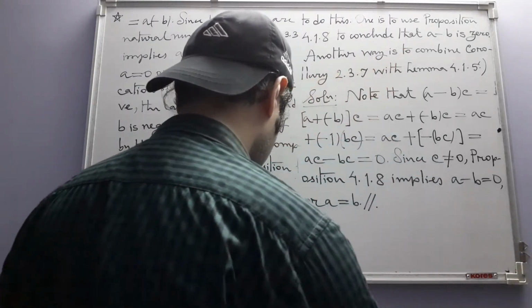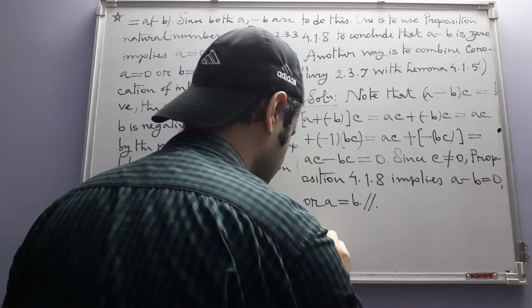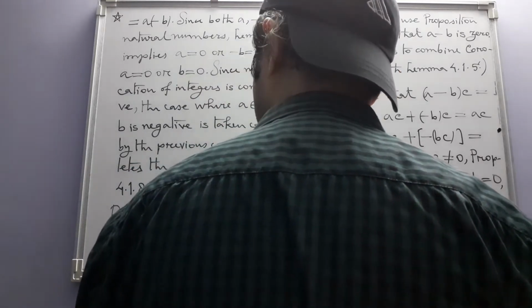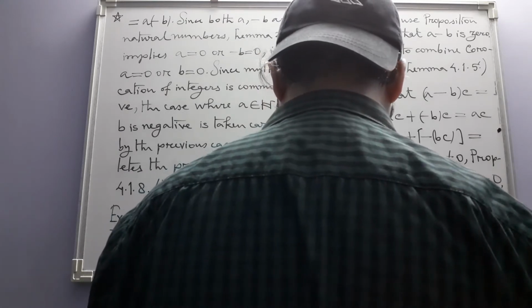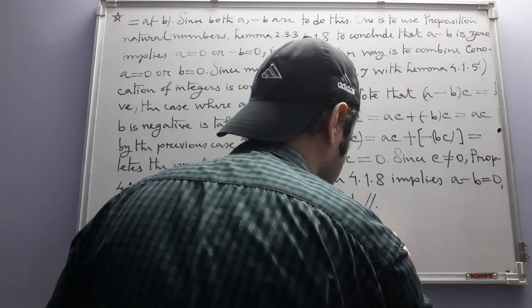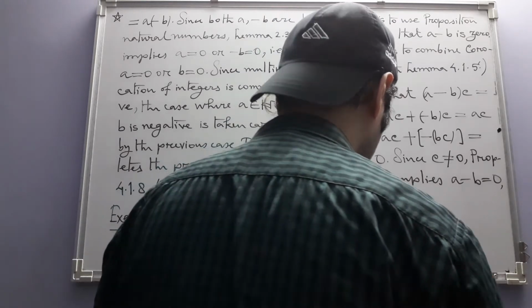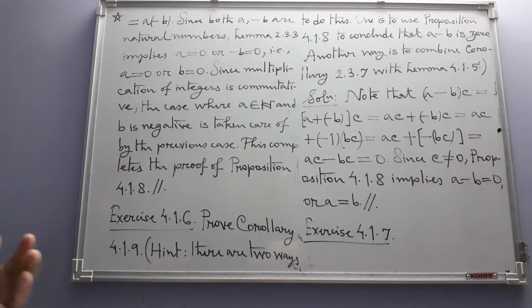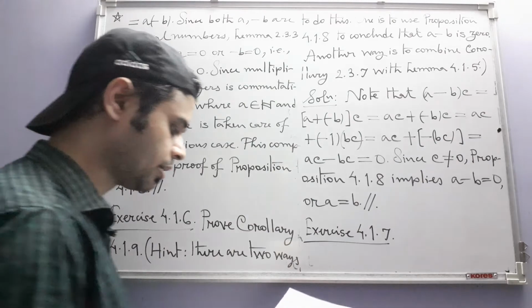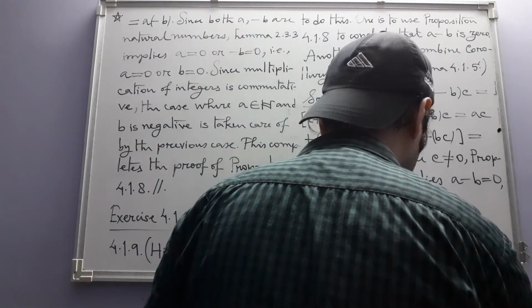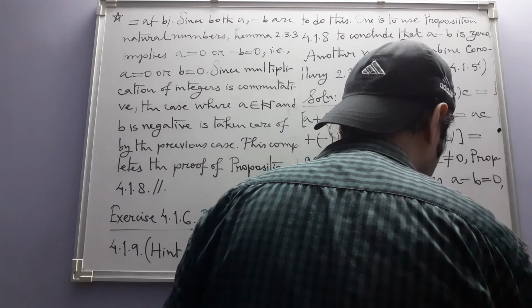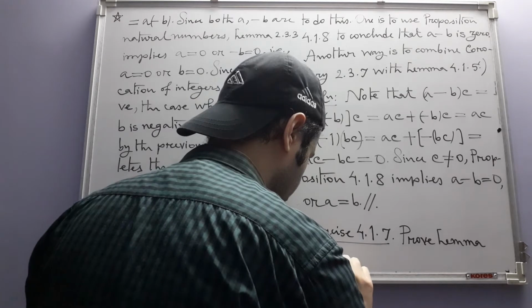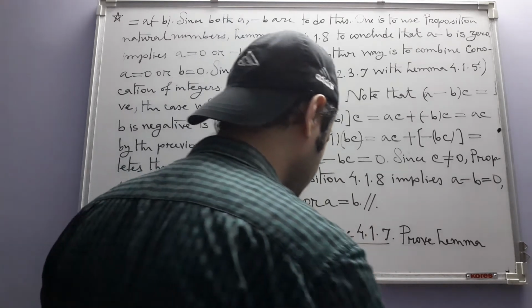Finally, exercise 7. 417. So here we have to prove lemma 4111, which has the properties of order. Prove lemma 4111.